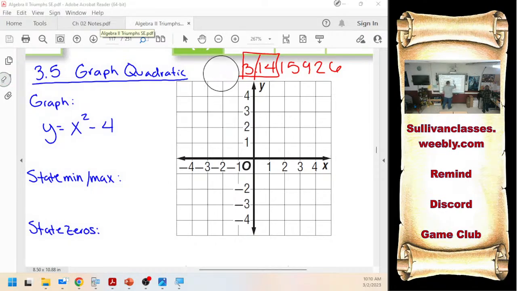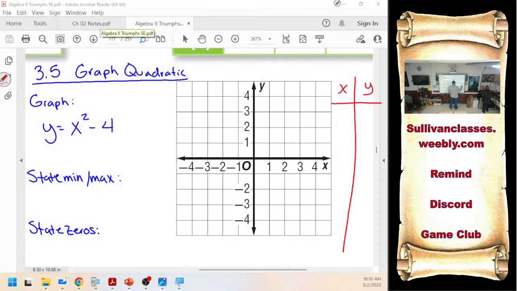Over here, your table should look something like this. Okay, you should have at least 5 of those points in your table. Okay, now I know we might have goofed something.